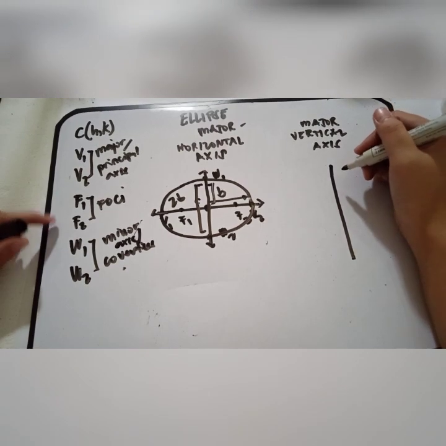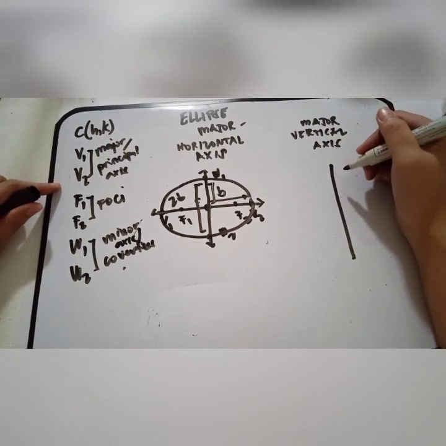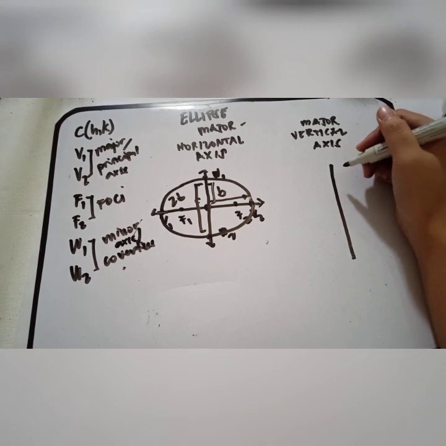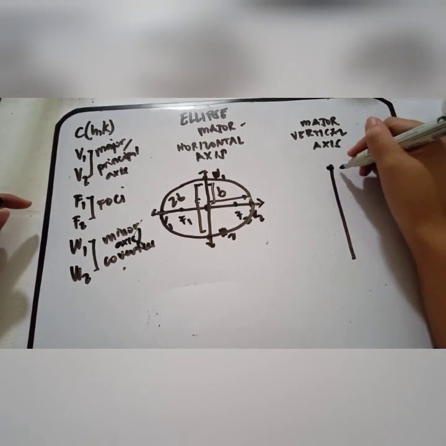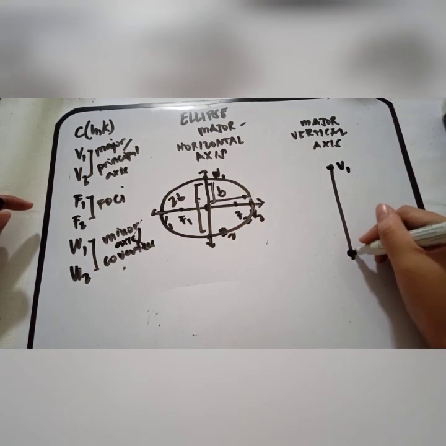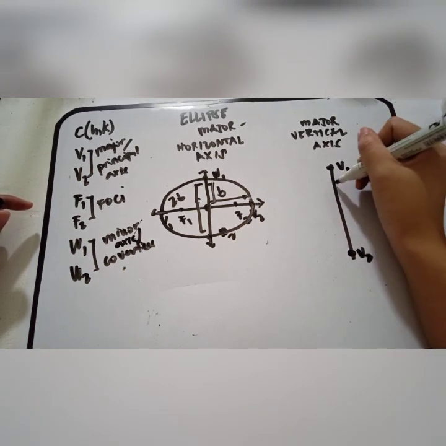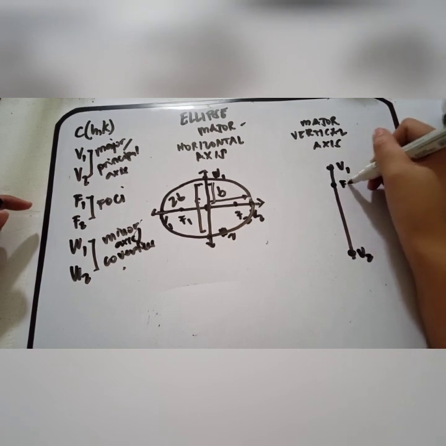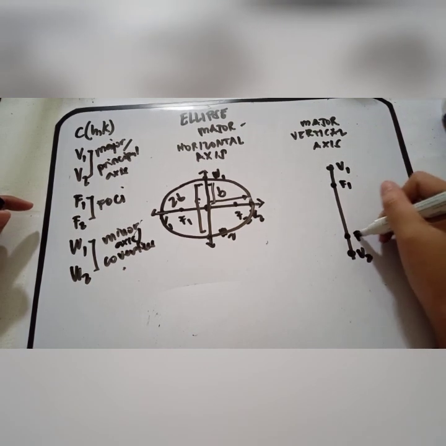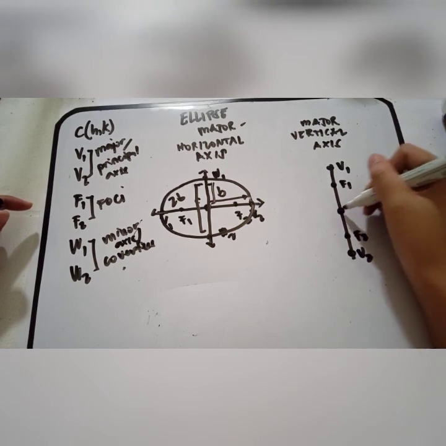And then, siya yung major, yung vertex 1 and vertex 2, siya yung major principal axis natin. So, since it is vertical, nandito yung vertex natin. So, V1, V2, example lang to ha. So, nandito yung focus, focus 1, focus 2, and then therefore here is our center.